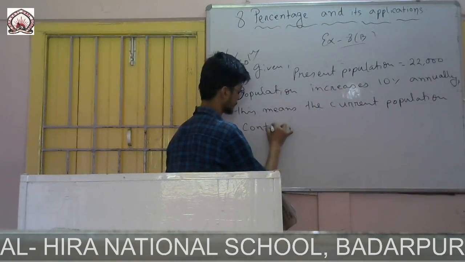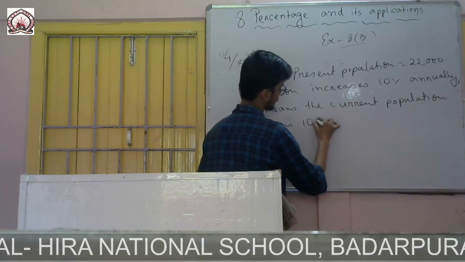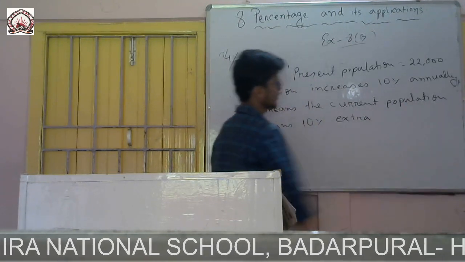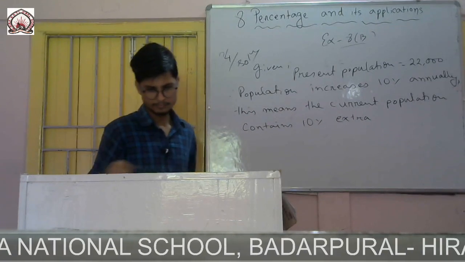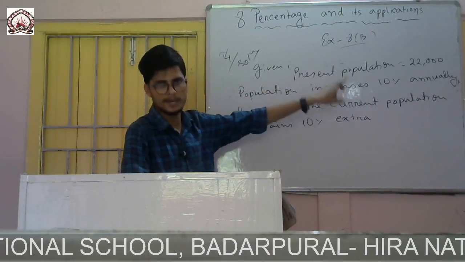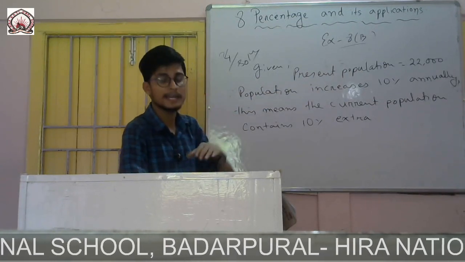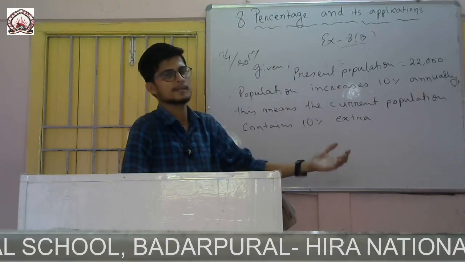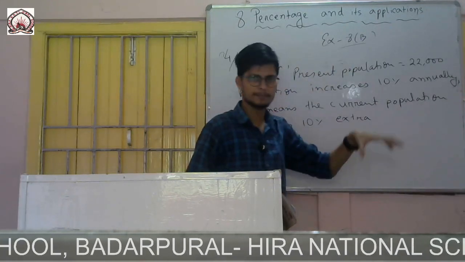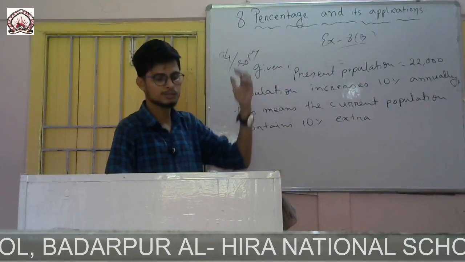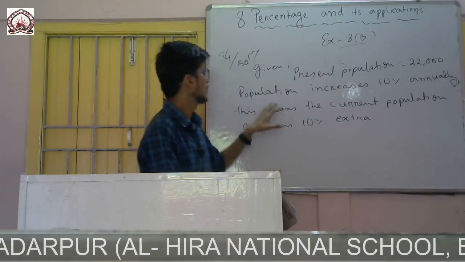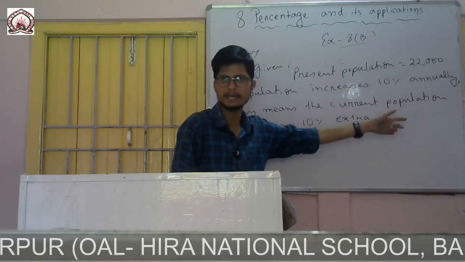Present population of the town is 22,000, and the question is to find it for last year. That means last year it will be 10% less. So in this population it is 10% extra.